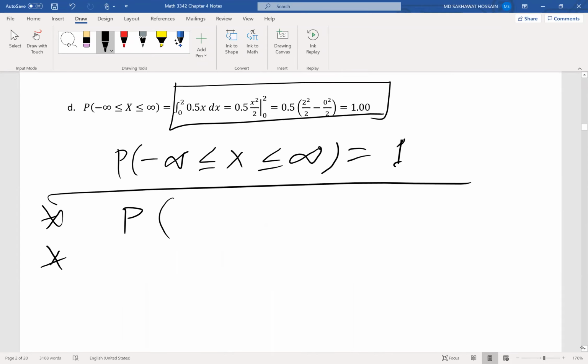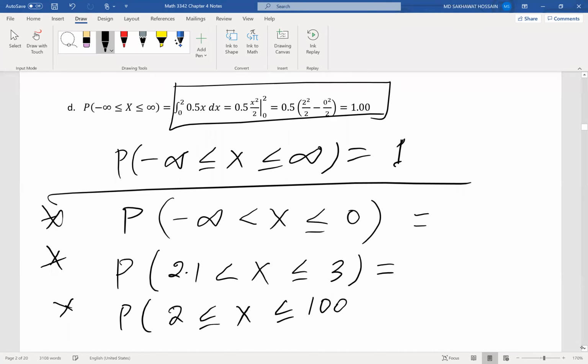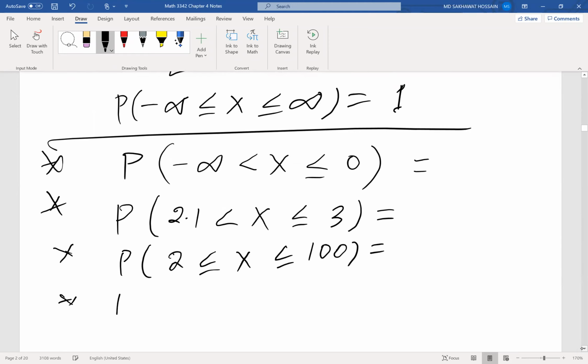So what will be the area from... and the last one is the probability that x is equal to 1.5.